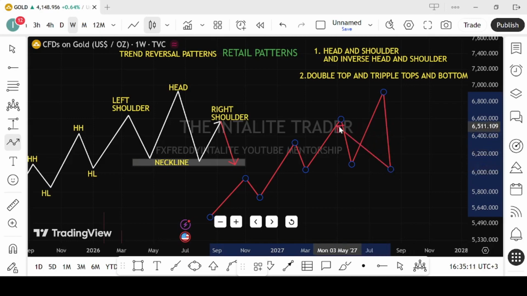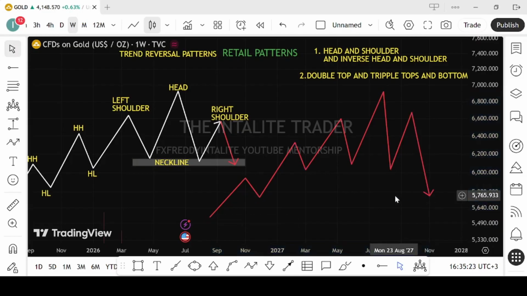But instead of price coming to sit on the resistance on the left, it goes above it a little bit. Then it comes and breaks the neckline.